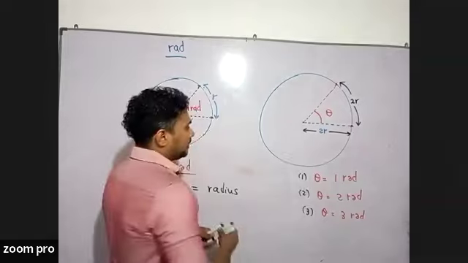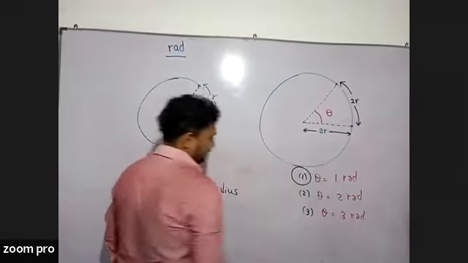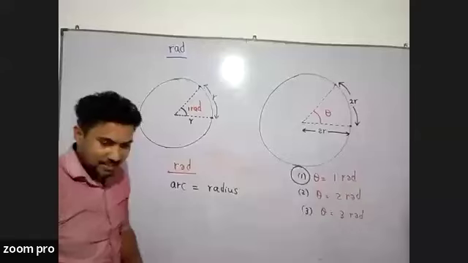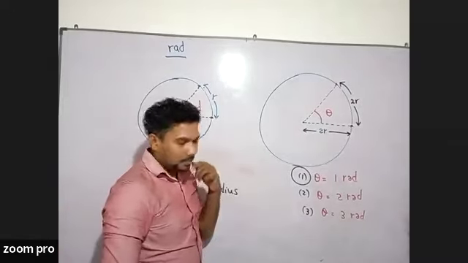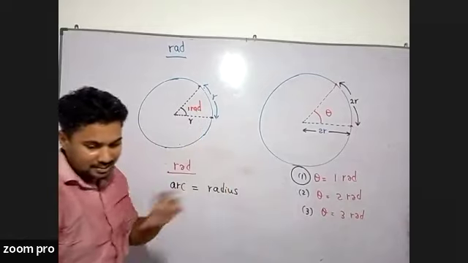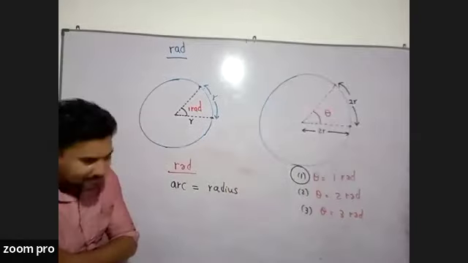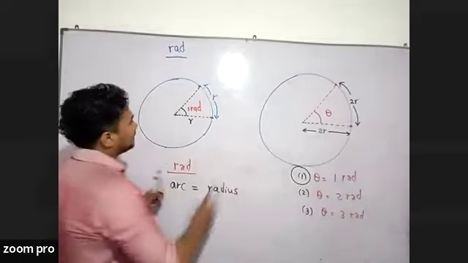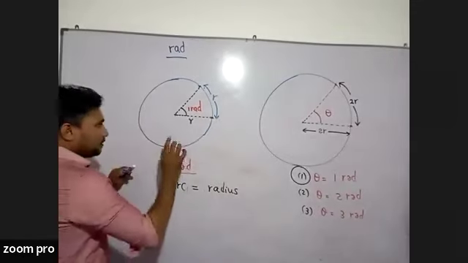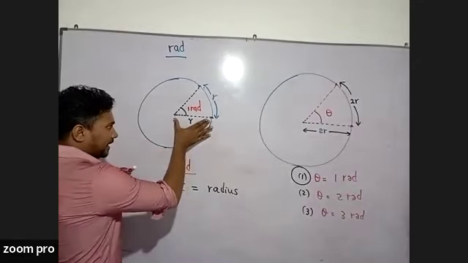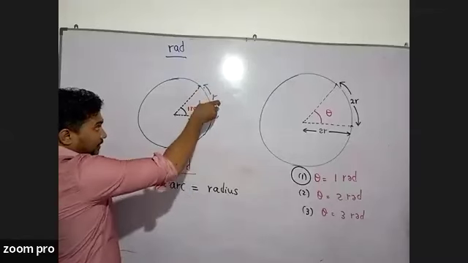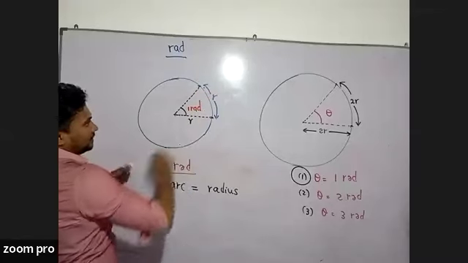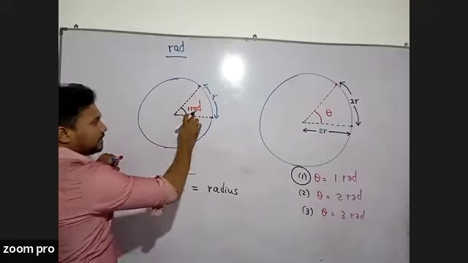Right. Okay. This is the answer. I think you are mixed up with this definition, which is a normal thing. So just carefully notice this one. If I consider a radius r and the length of this arc is also r, then the angle is 1 radian.